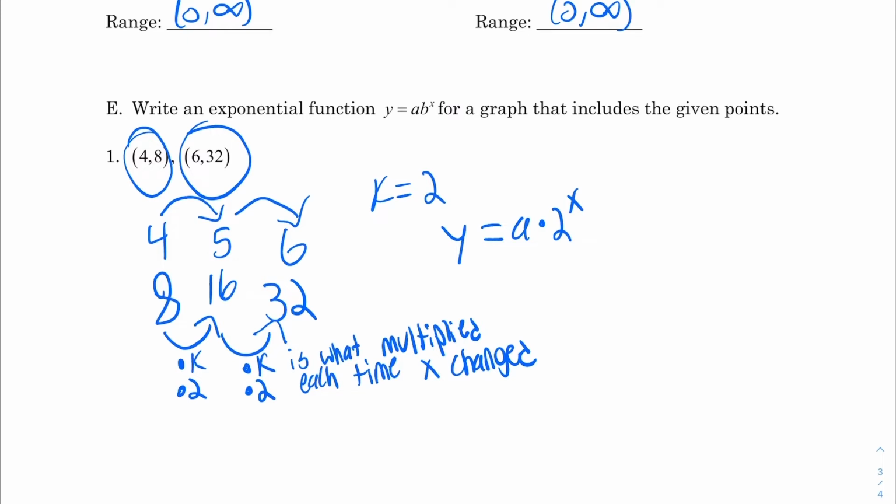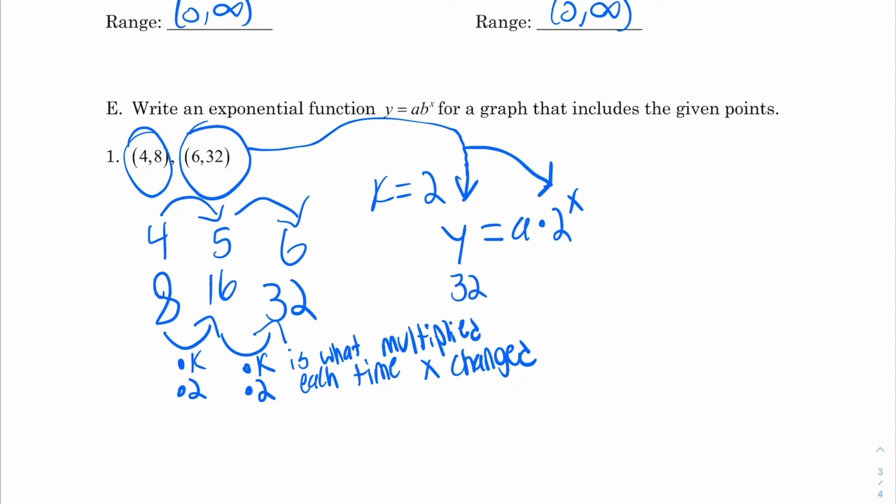Now that we can see how it changed each time, it multiplied by 2 each time. Then we can plug in another point. We can take these numbers, plug them in for y and for x, and we should be able to solve for a.